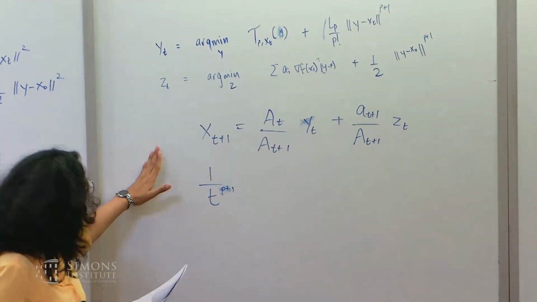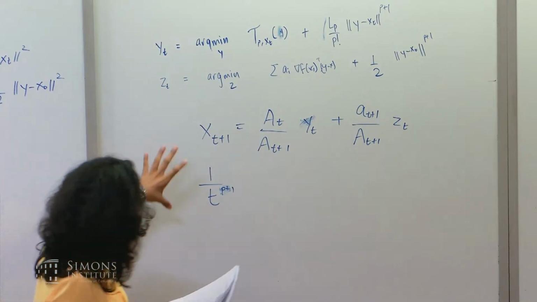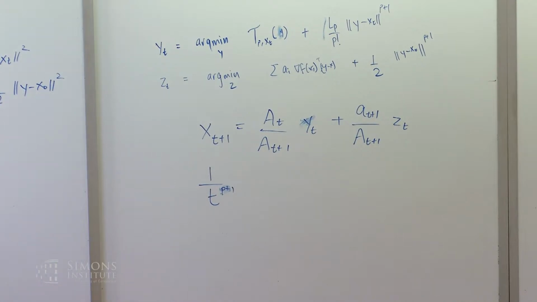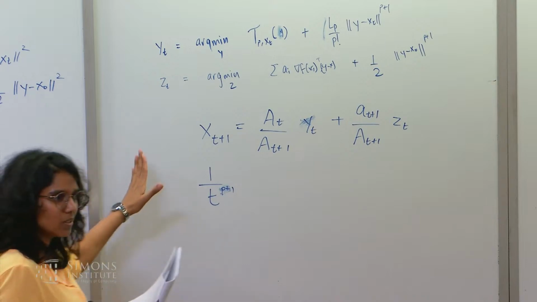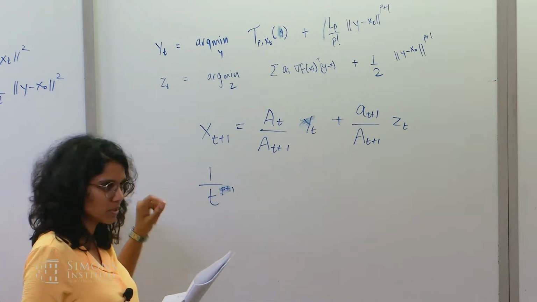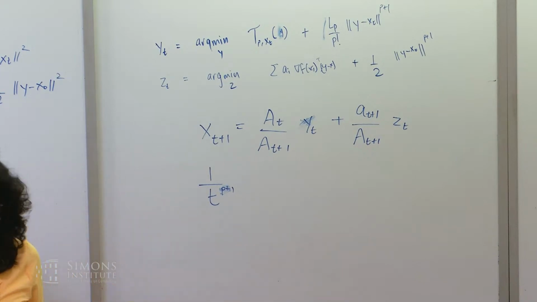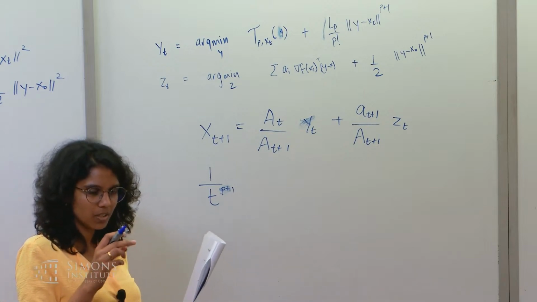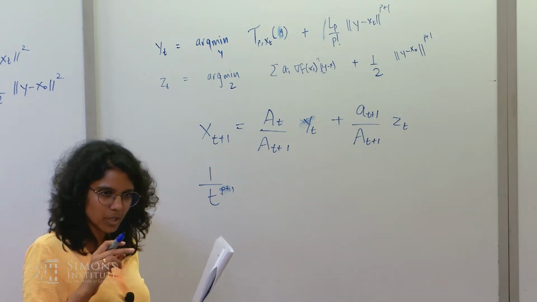Okay, but now if you want to see the optimal algorithm, and I'm going to change this one here so that we can compare it to that. So the optimal algorithm for p equals 2 was given by Monteiro and Svaiter in 2010, and that algorithm gave a rate of convergence that was 1 by t to the 7 by 2.